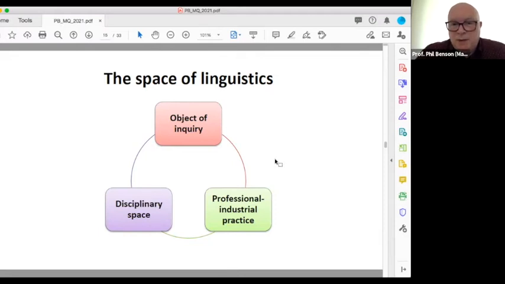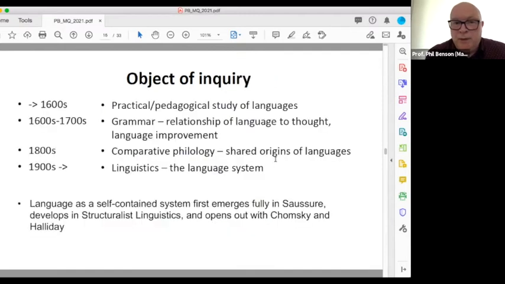Here I want to argue that the space of linguistics is more than this. It involves an object of inquiry, but it also involves a disciplinary space, which is a physical space, and it also involves the space of professional and industrial practices around language, of which dictionary making is one.